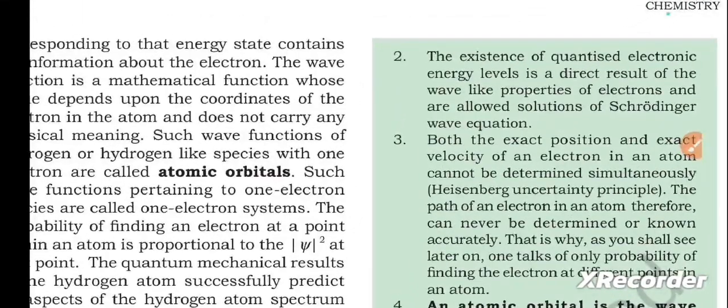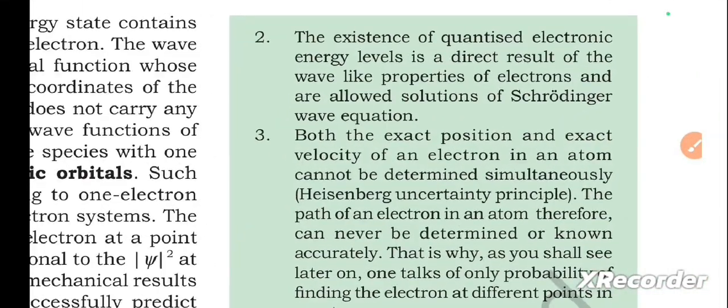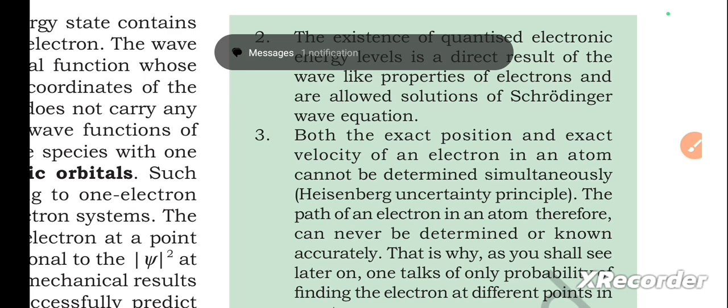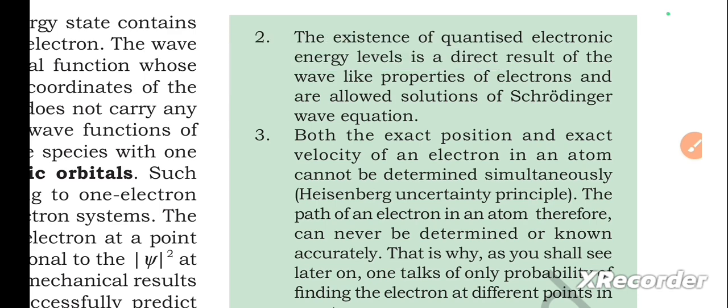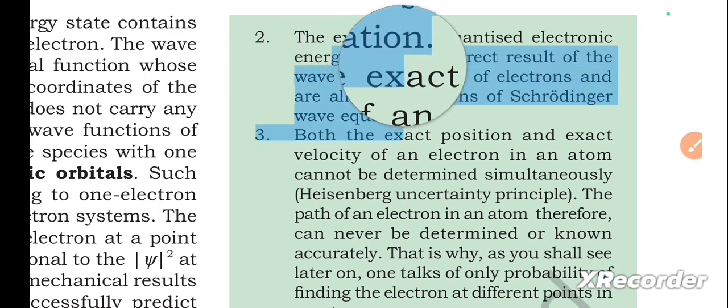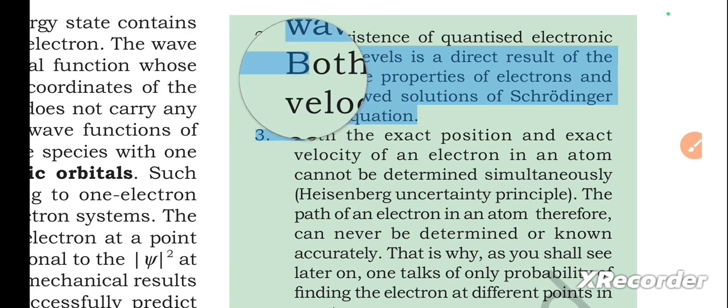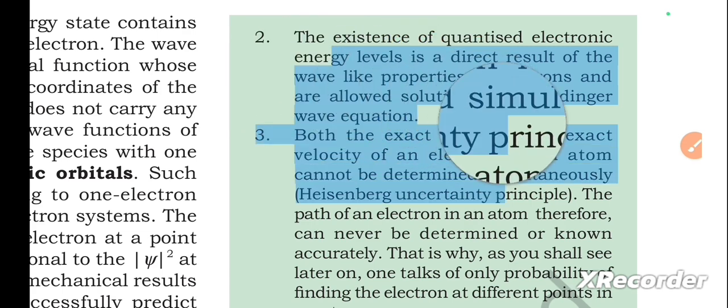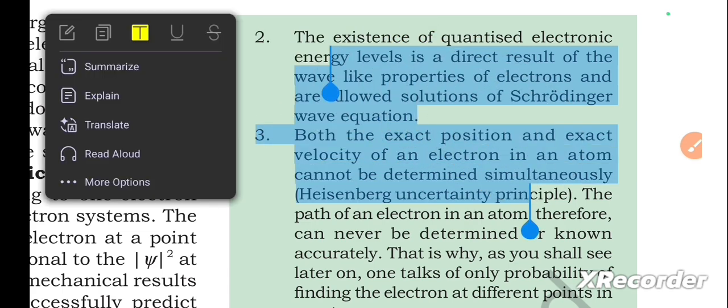Second, the existence of quantized electronic energy levels is a direct result of the wave-like properties of electrons and are allowed solutions of the Schrödinger wave equation.